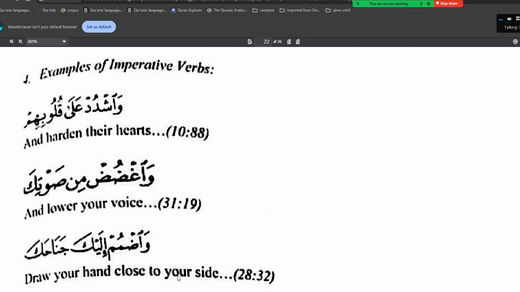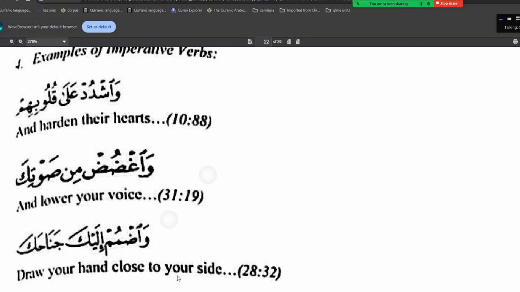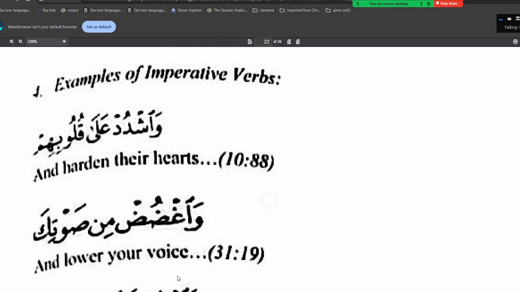Okay, take examples of fi'l amr. A'udhu billahi minash shaitanir rajim. Bismillahir rahmanir rahim. Washdud ala qulubihim. Now tell me which is the amr example. Ushdud. Very good. What is the madi and mudari for this? Very good, MashaAllah. Shadda yashuddu. Ushdud is the amr. And harden their hearts.